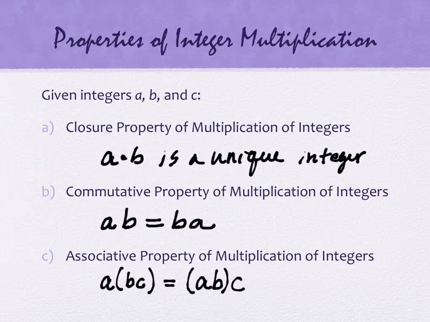Oh man, it's so much easier if I multiply by 10 than if I multiply by 2 and 8 and 6 before I get to the 10. There's a way to rearrange the multiplication so that I can make the multiplication easier in the end. And that's what the associative property lets me do. It lets me rearrange the grouping of numbers together. I can change the order as well, and that's what I did with the commutative property.